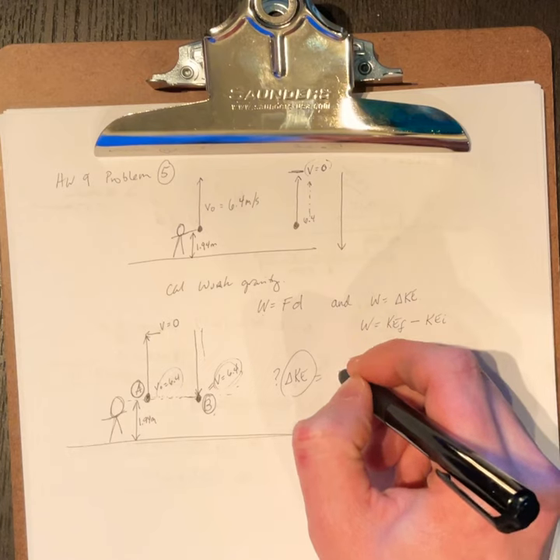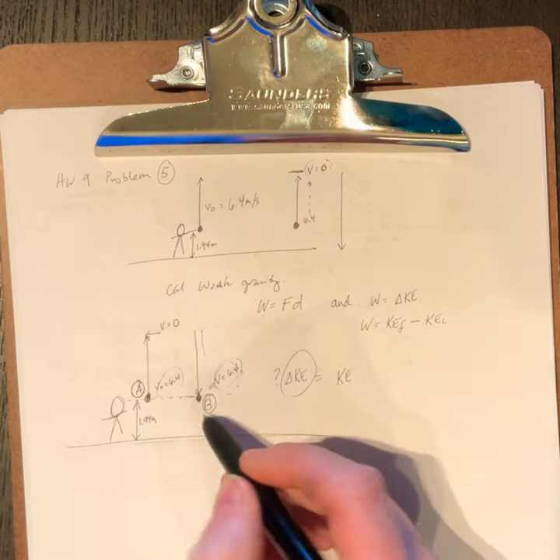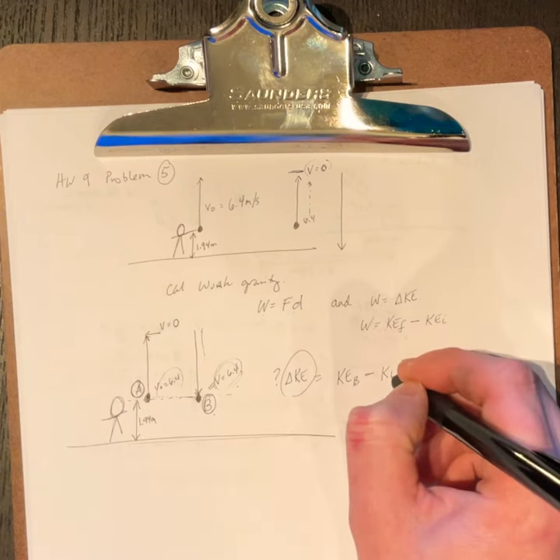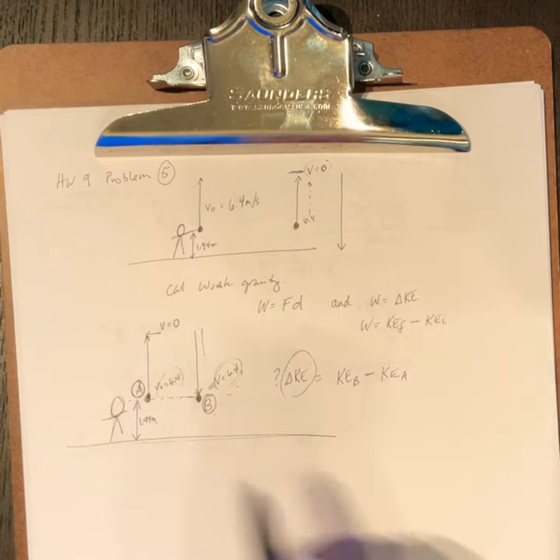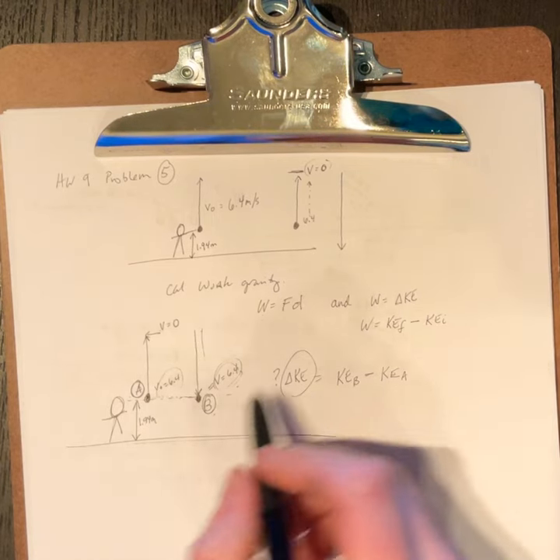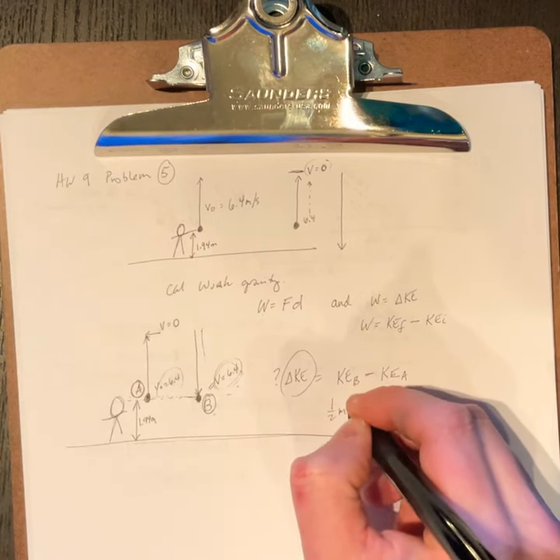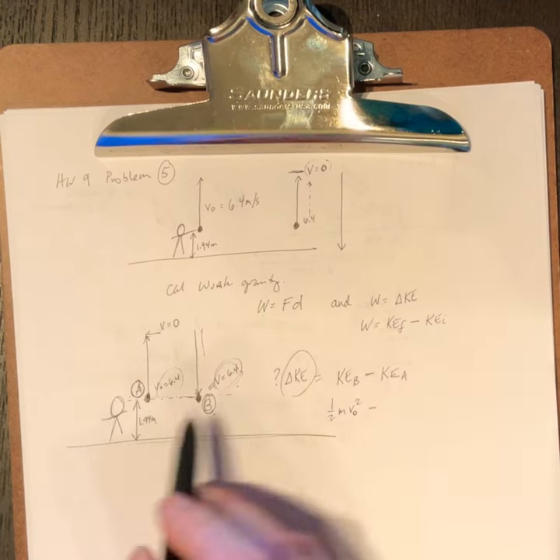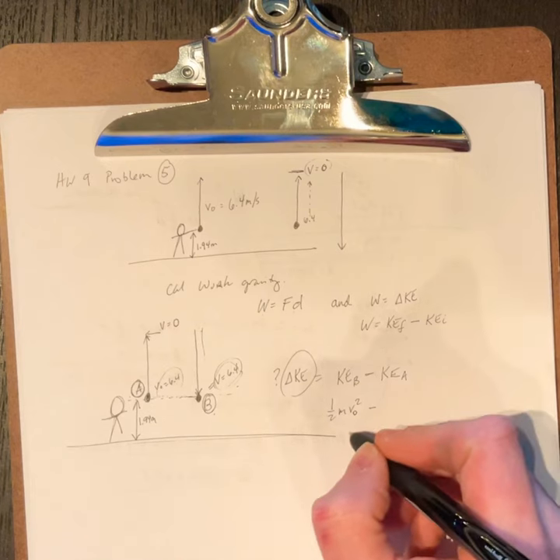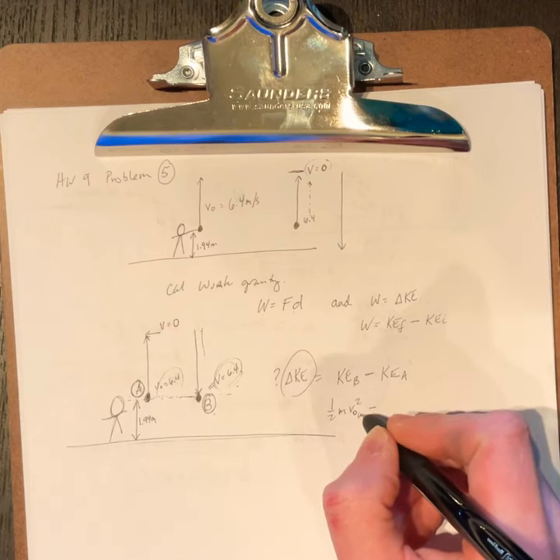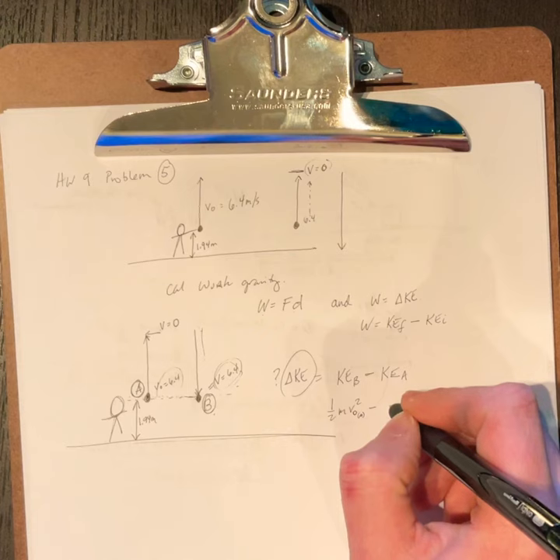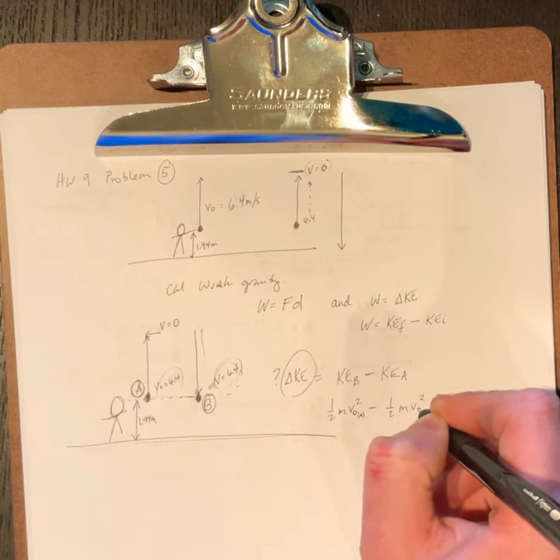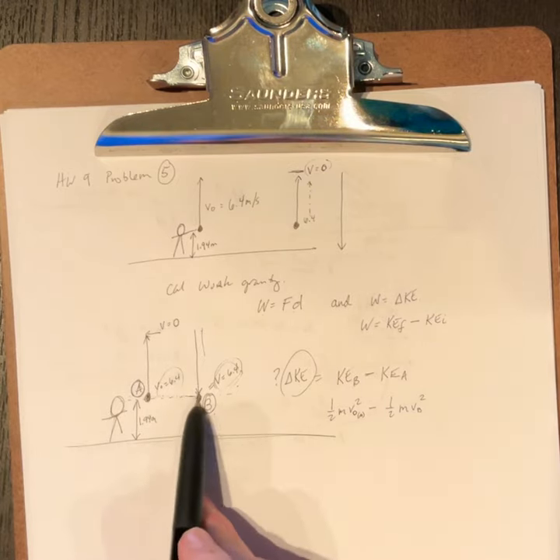Well, change in kinetic energy is the final, so we'll choose B as the final, minus kinetic energy initial, which is A. Kinetic energy is 1/2 mv squared minus 1/2 mv squared at A, where this is v naught, the initial velocity, and the other is the velocity at B. So it's talking about this velocity.